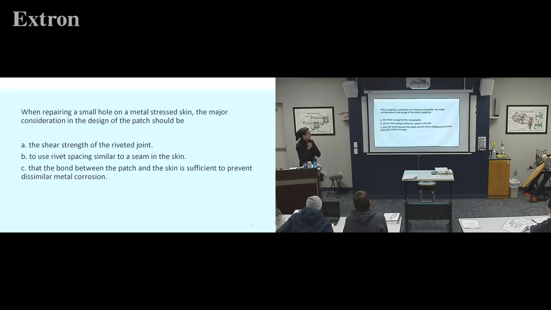When repairing a small hole on a metal stressed skin, a major consideration in the design of the patch should be: shear strength of the riveted joint, or to use rivet spacing similar to a seam in the skin, or that the bond between the patch and the skin is sufficient to prevent similar metal corrosion. He said Bravo. Uh-oh, they're shaking heads.